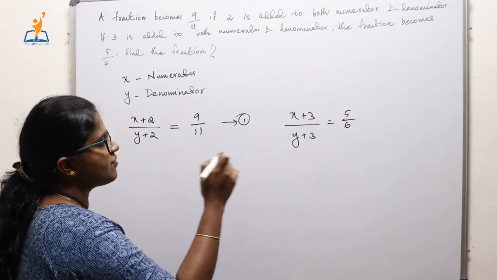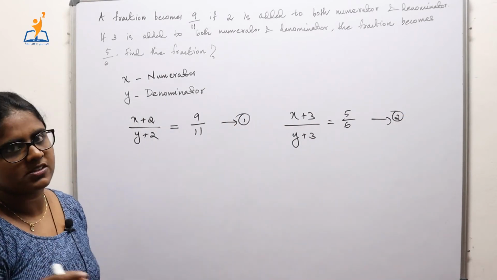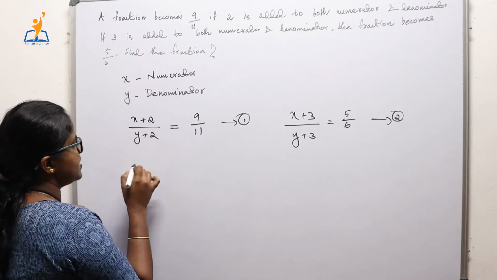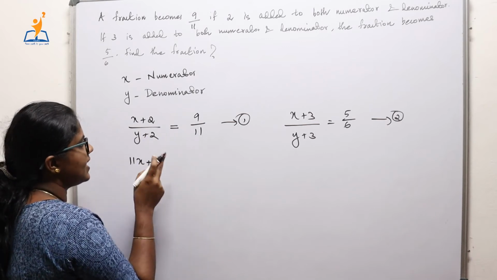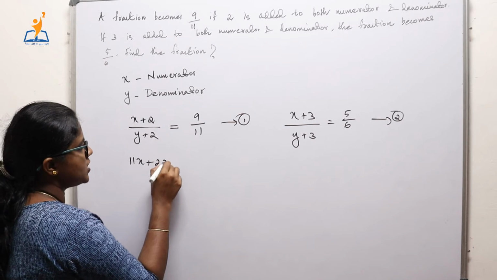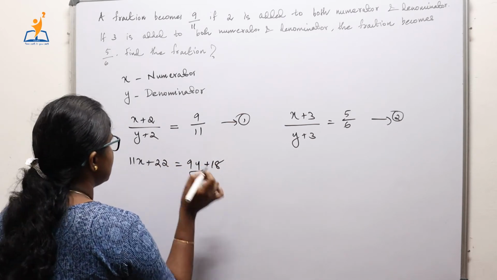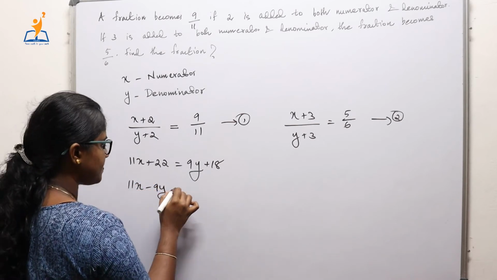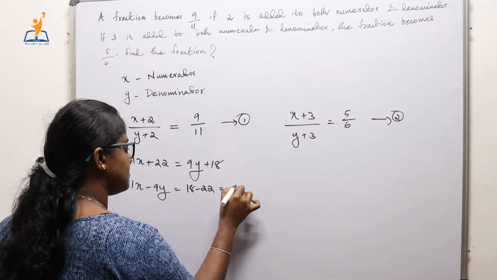So we got two equations, a pair of linear equations in two variables, and we have to solve this. Cross multiplying, we will get 11x plus 22 equals 9y plus 18. That is 11x minus 9y equals 18 minus 22, that is minus 4.